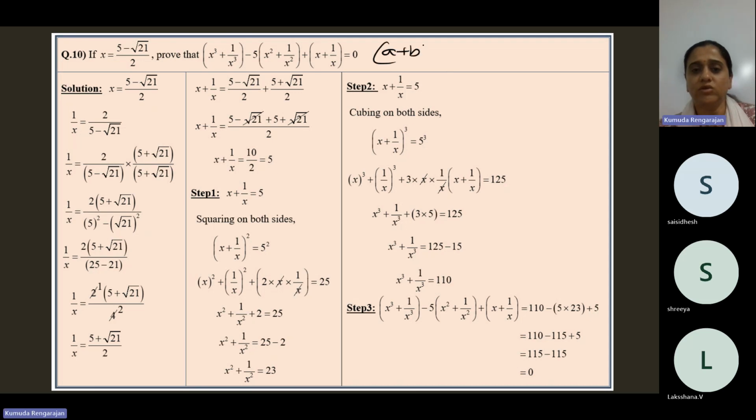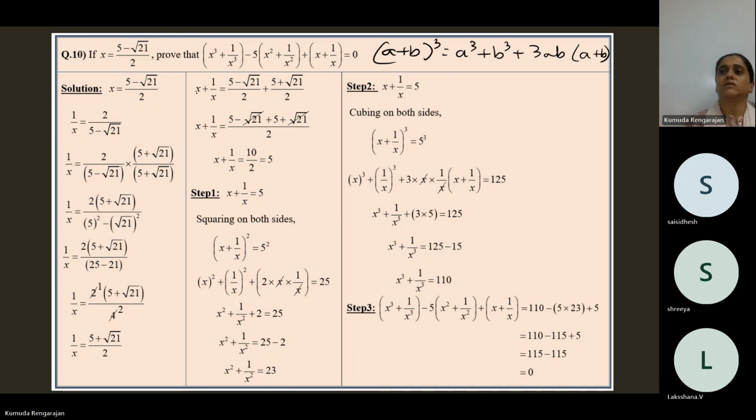A plus b the whole cubed is equal to a cubed plus b cubed plus 3ab into a plus b. And what is a minus b the whole cubed?